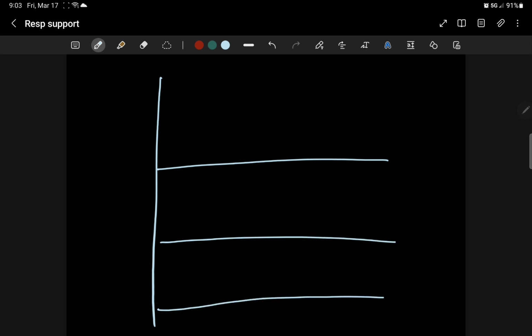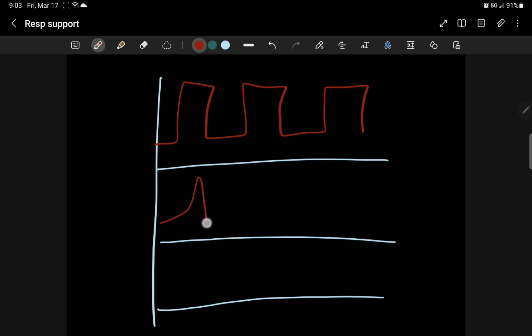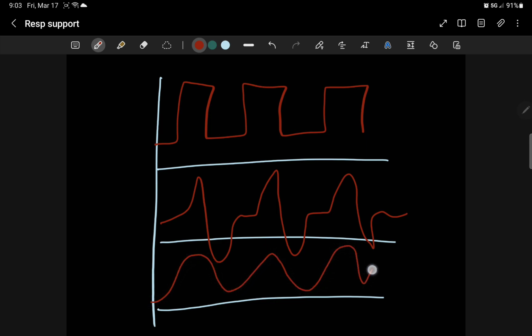But for example, you'll see these kinds of curves where it will tell you this patient is on this kind of pressure, and it has these kinds of flows, and you're giving them these volumes.